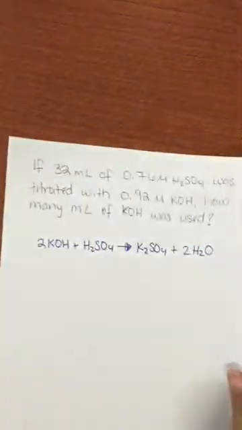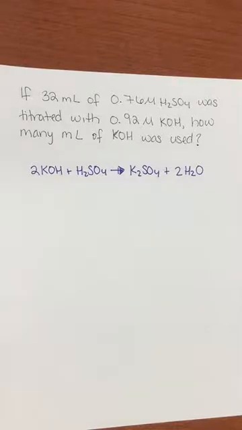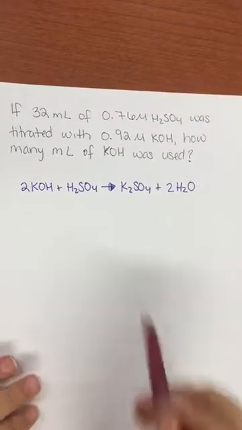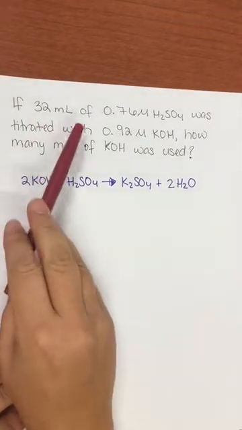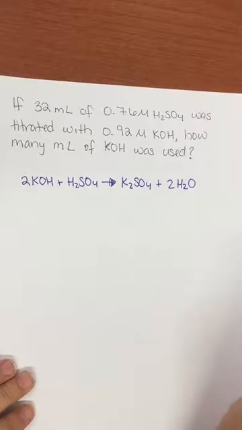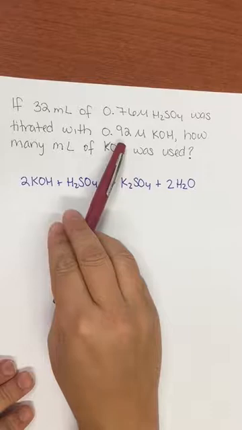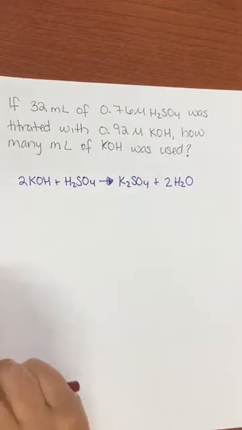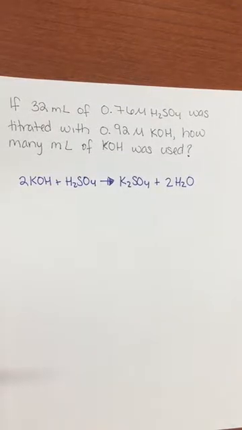Another is very similar, but a little bit different. The steps are still going to be the same, but you're not necessarily always going to be solving for molarity. In this case, I have the question: if 32 milliliters of 0.76 molar H2SO4 was titrated with 0.092 molar KOH, how many milliliters of KOH were used?